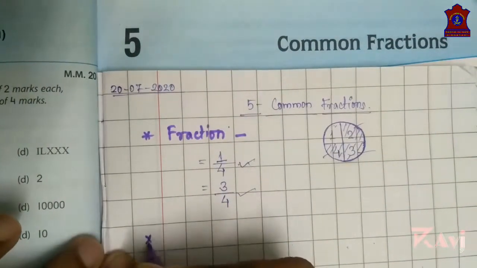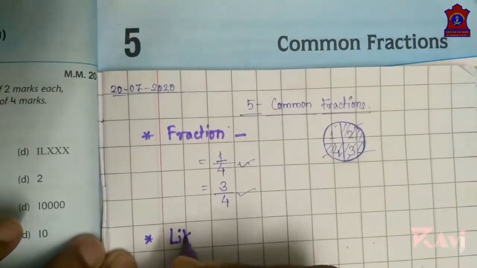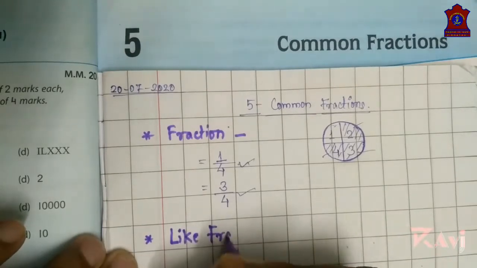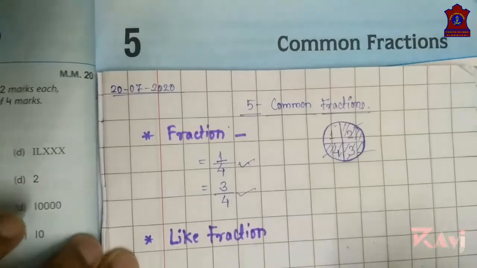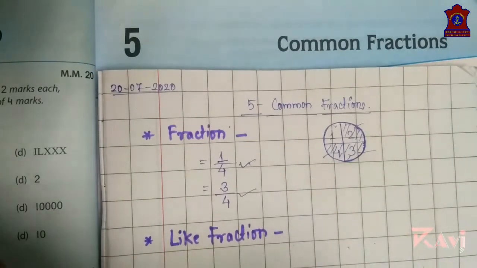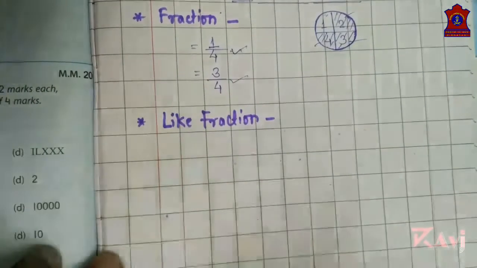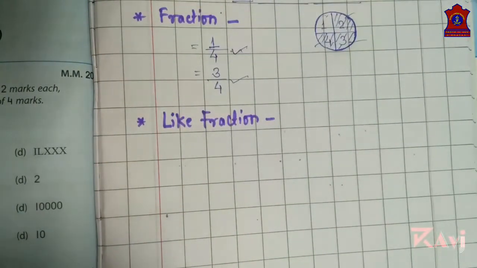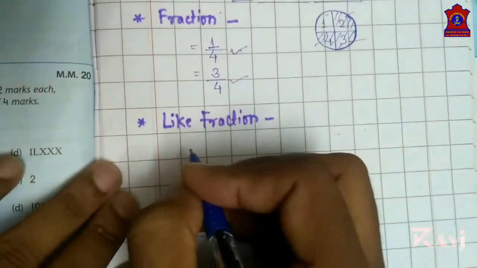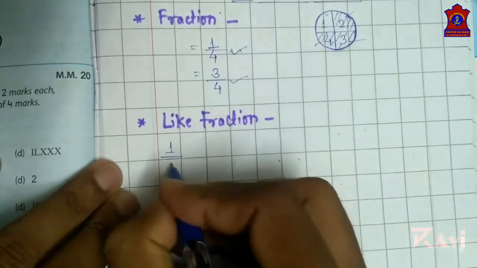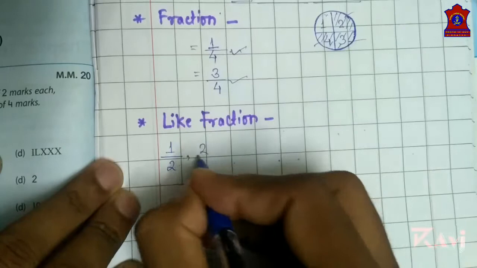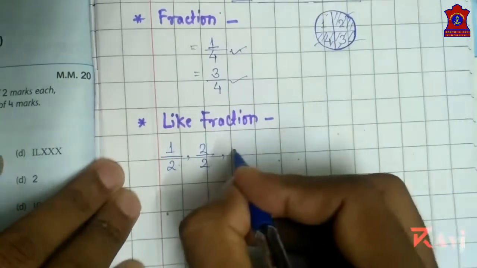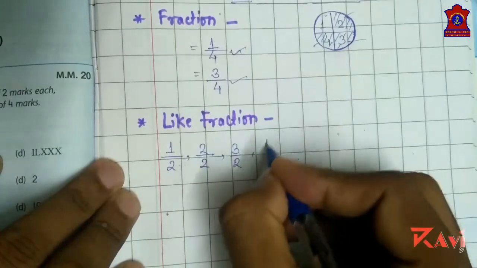Next is, what is a like fraction? When denominators are the same in a few fractional numbers, like I'm writing a few fractional numbers like 1 by 2, 2 by 2, 3 by 2, 4 by 2.